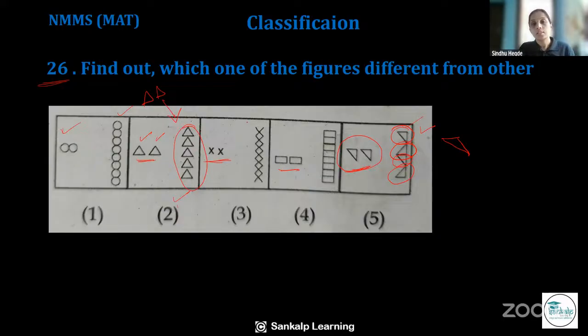Here also the crosses follow the same pattern, connected. In the rectangle figure, all the rectangles on the right side are connected similarly. But only in figure 5, the triangles on the right side get separated by gaps.